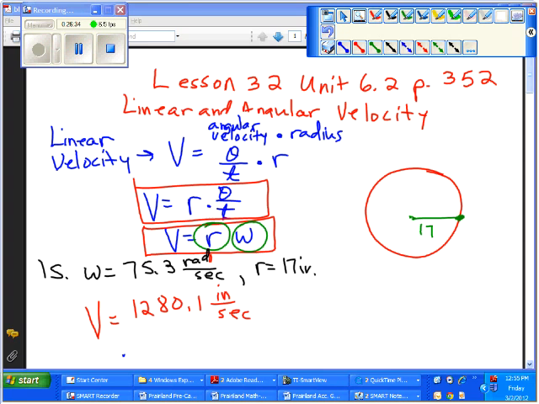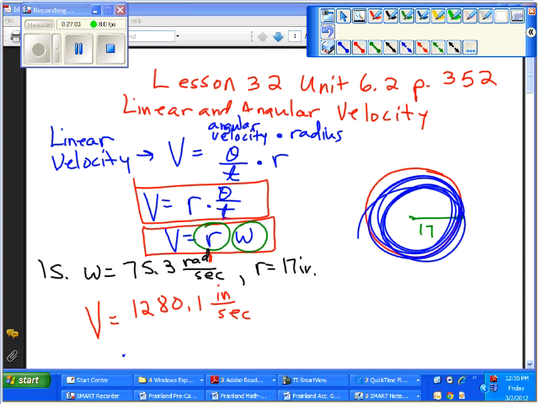Well, 75.3 divided by that means that thing went around about 12 times in a second. This thing's moving. You kind of get the idea. We're dealing with a gear or a pulley or something that's moving pretty fast. Every second it's going. Okay, that's what's going on. So that thing went a long ways in a second. 1,280.1 inches. Spinning pretty quick.